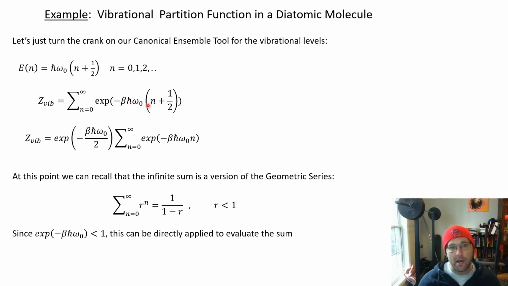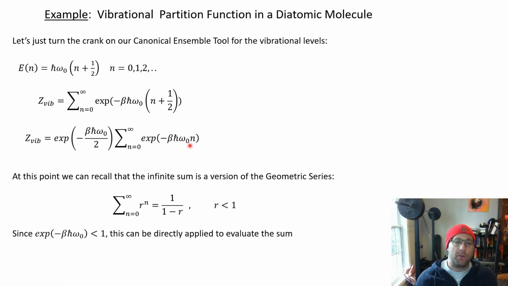This is a sum inside an exponential, so it can be turned into a product of exponentials. And one of the exponentials doesn't have a factor of n, so this e to the minus beta h bar omega naught over 2 factors out of the sum, and we're left with a sum from n equals 0 to infinity of e to the minus beta h bar omega naught times n, the summing index, or the quantum number.